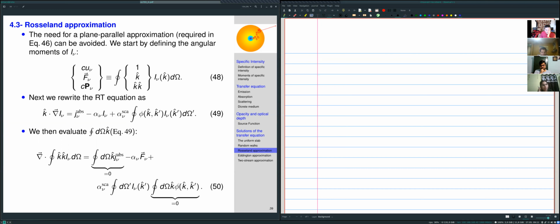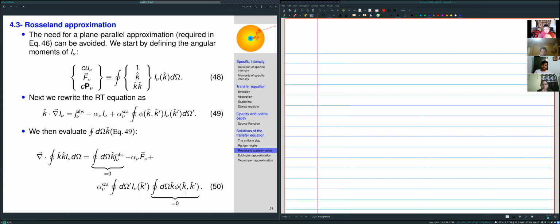So that's why I couldn't prove it two lectures ago. We realized this by checking the textbook I got this from, which is the book by Frank Shu. And this is only zero when the phase function is forward-backward symmetric.